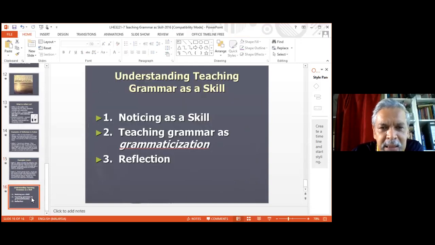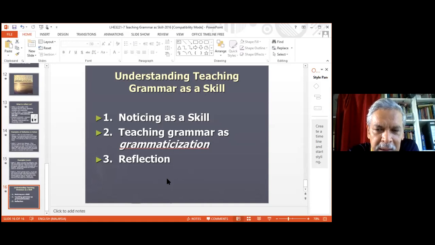So we are basically at the end of teaching grammar as skill. Of the three strategies that were given, I hope you can make the distinction between noticing in teaching grammar as product and noticing as a skill that we want to develop amongst our students.